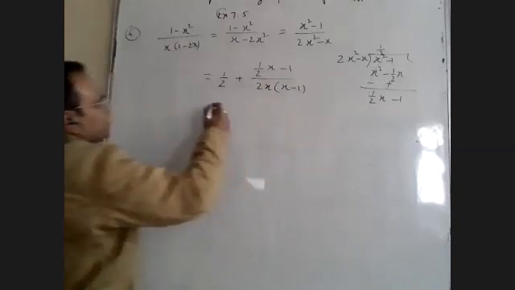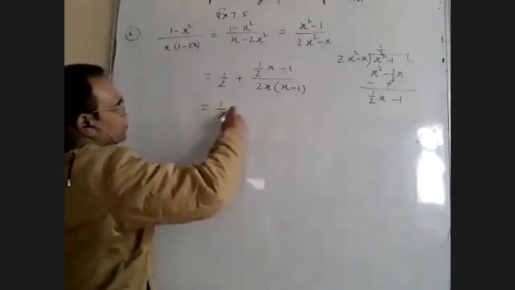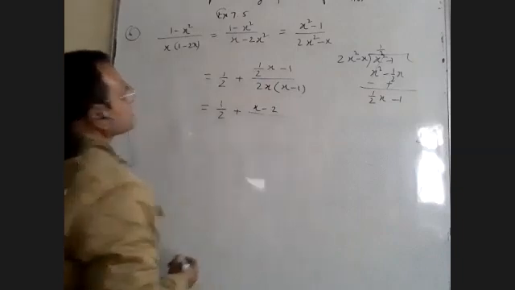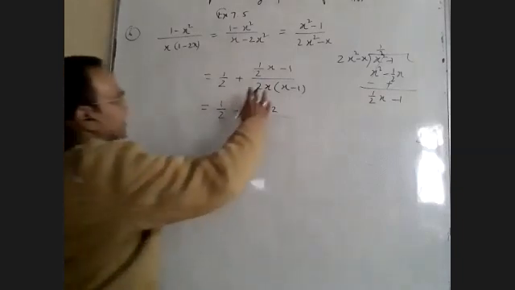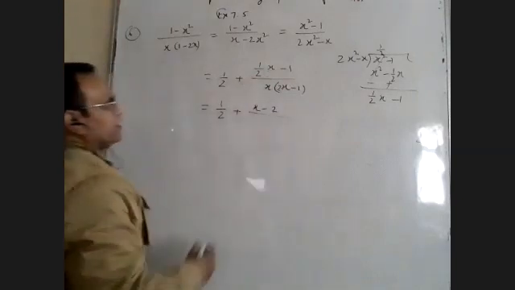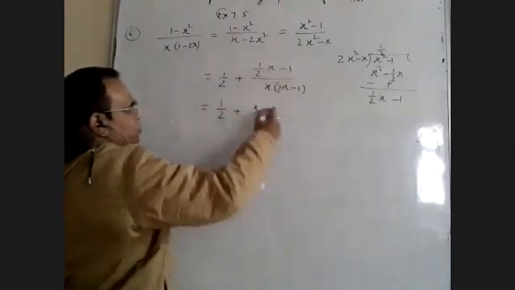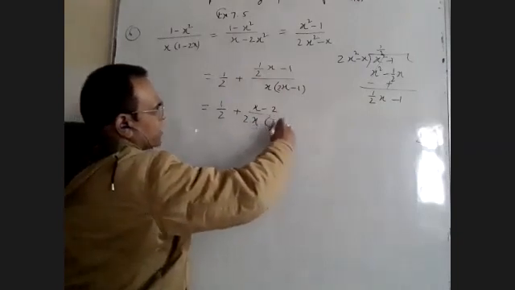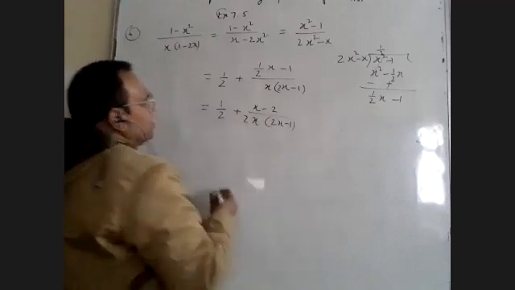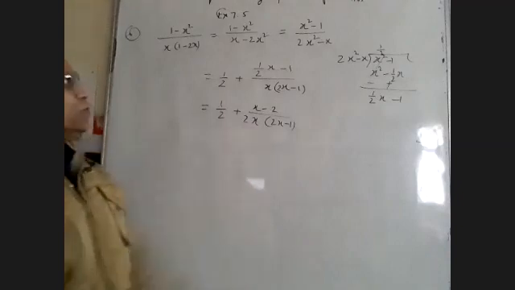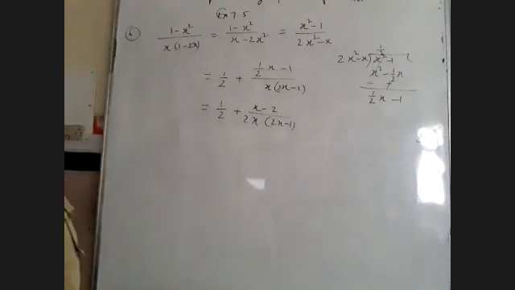Either you can write in this way: 1 upon 2 plus x minus 2, we have taken x only common, upon x times 2x minus 1. So 1 upon 2 is easily integrable, but we have to convert this fraction into partial fractions.